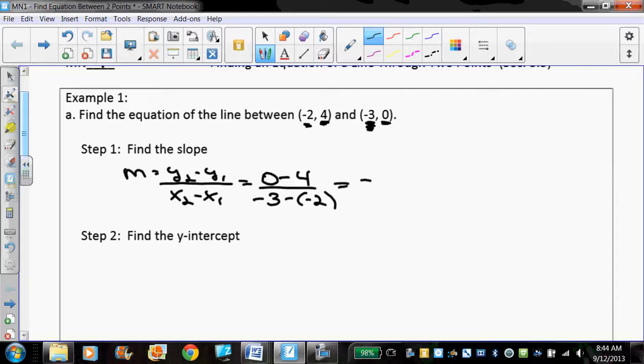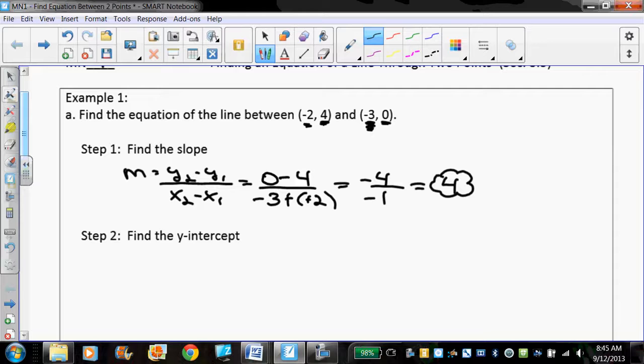So 0 minus 4 is -4. -3 minus -2, that minus negative you can think of as addition, so we end up with -1. We have -4 divided by -1, which is a slope of positive 4.